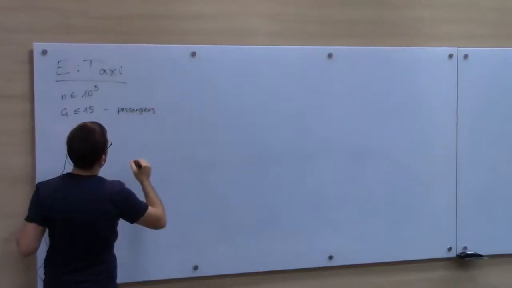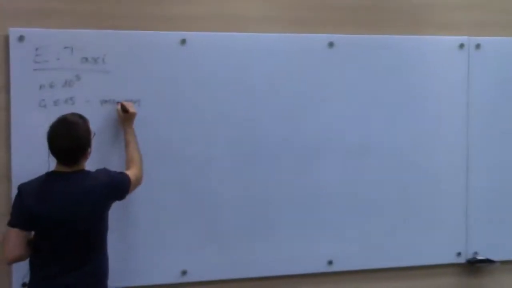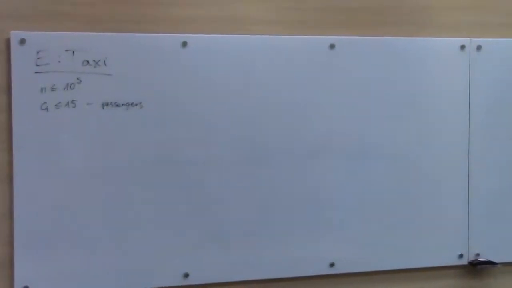First of all, for each taxi, we know the number of seats, so how many passengers can ride in a cab, and also we know the cost of the trip, and the cost of the trip is characterized by two values, SI and PI, and basically the first value is the cost of the first kilometer, and the second value is the cost of the other kilometers of the trip.